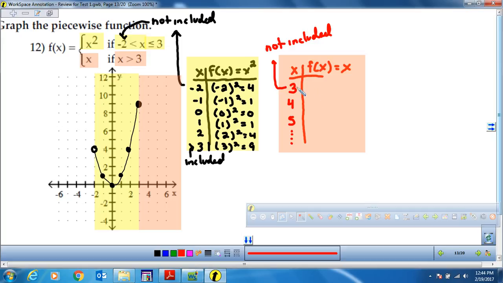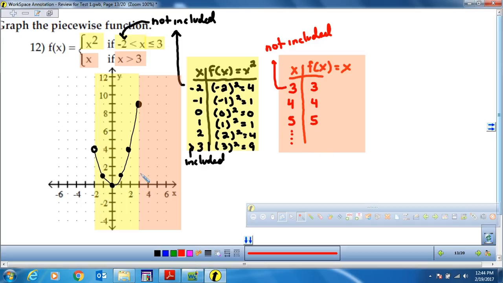So when x is equal to 3, y is equal to, since the function is f of x equals x, so when x is 3, y is also 3, because it's just x. When x is 4, y is also 4. When x is 5, y is also 5, and so on.